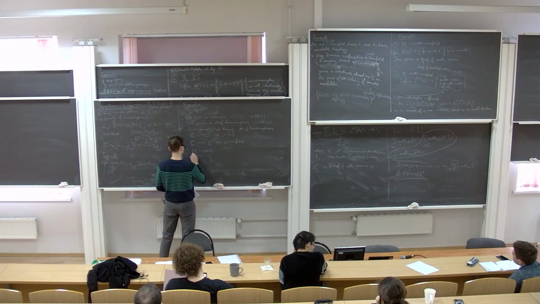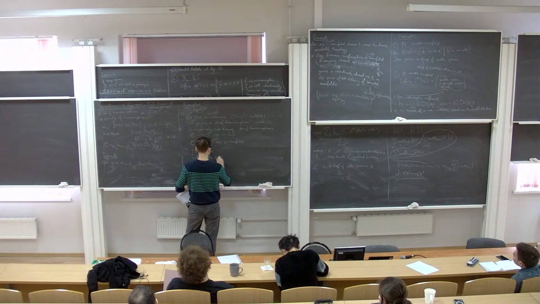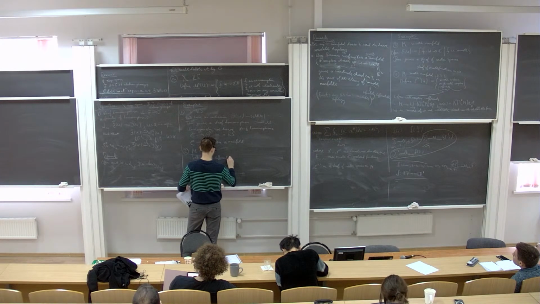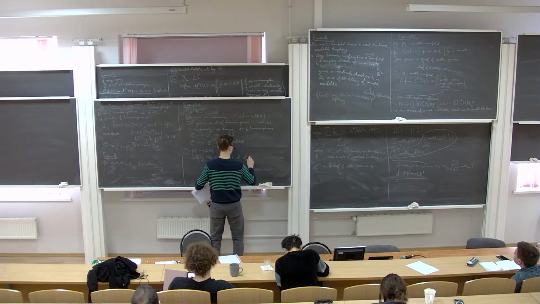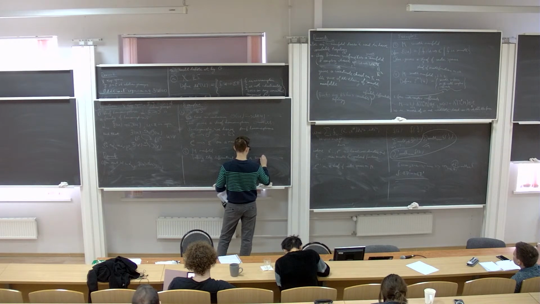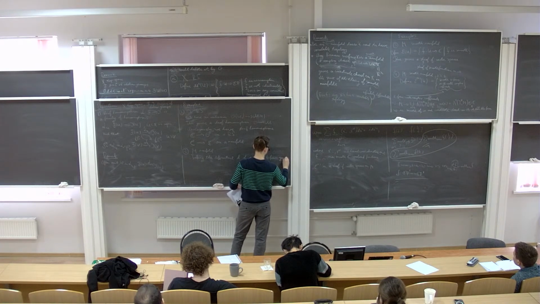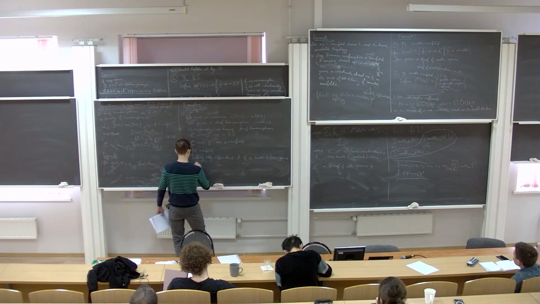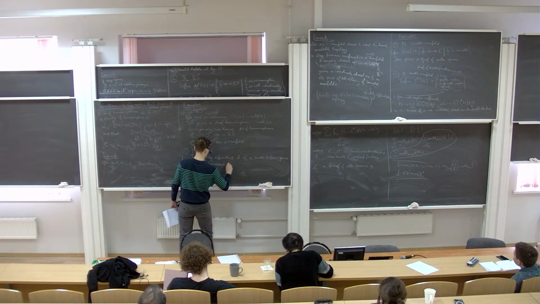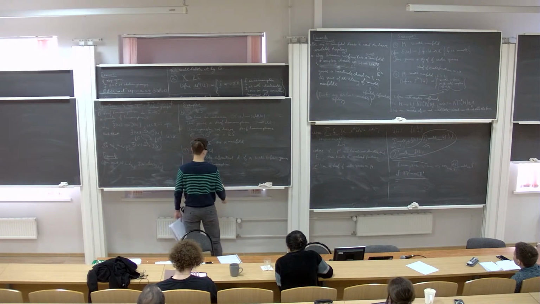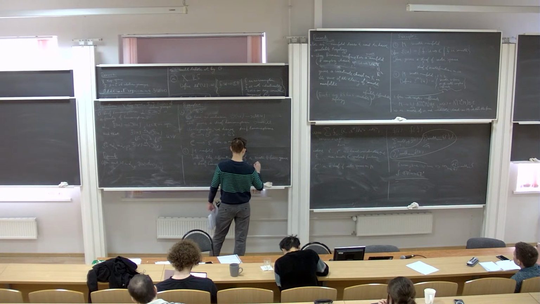Then taking the differential d of a smooth k-form gives a sheaf homomorphism d from the sheaf of smooth k-forms to the sheaf of smooth k plus 1 forms.